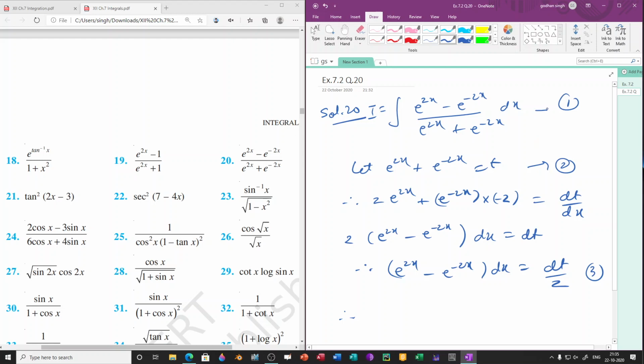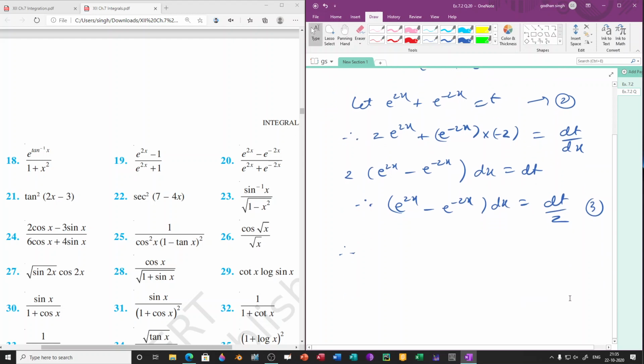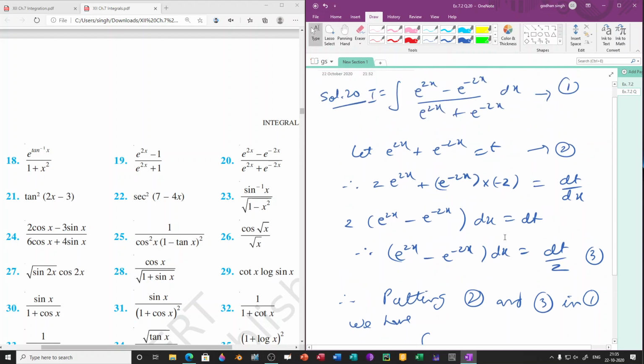So, putting 2 and 3 in 1, we have I equal to. So, let us see what we will be getting on substituting the values of 2 and 3 in 1. (e^(2x) - e^(-2x)) dx, that is dt by 2.